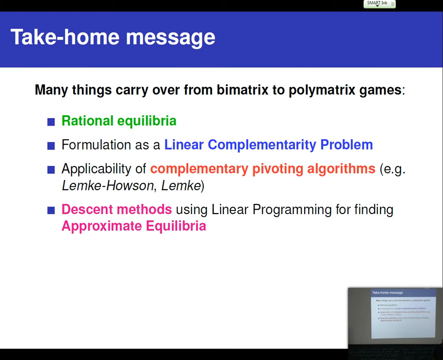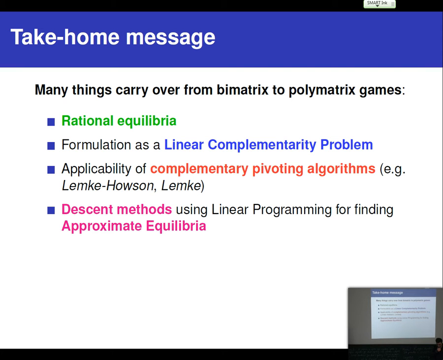Okay, so the take-home message from this talk, one of them at least, should be that many of the things that I consider to be nice, at least, about bimatrix games carry over to polymatrix games. The rational equilibria, formulation as a linear complementarity problem in a very simple way that we'll describe. A direct applicability of complementary pivoting algorithms like Lemke-Howson and Lemke.